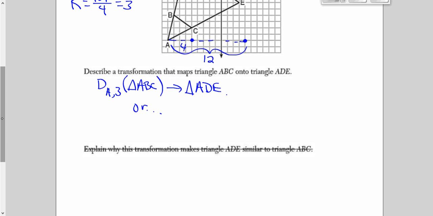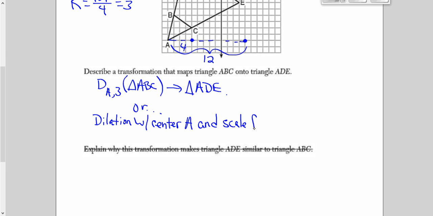So we could just say a dilation with center A and scale factor of 3, something like that.